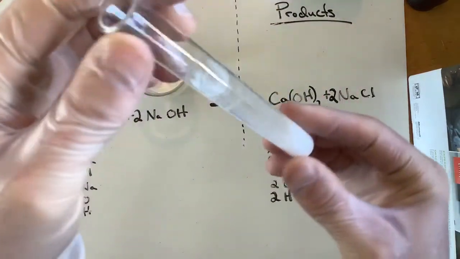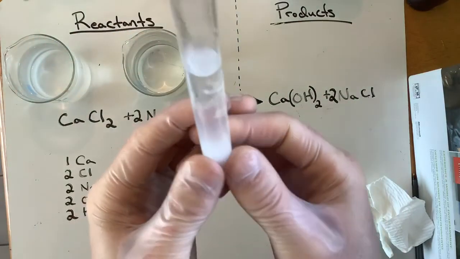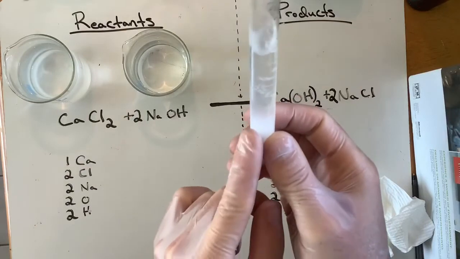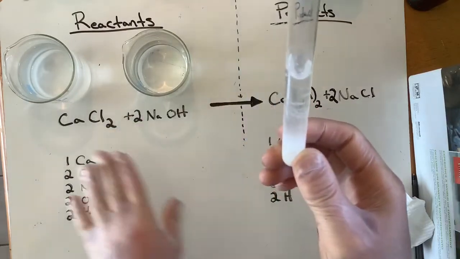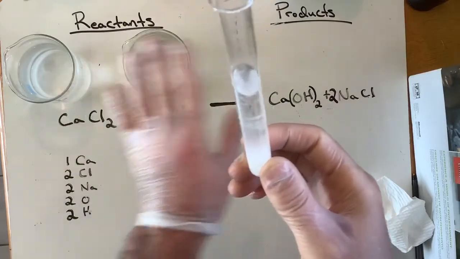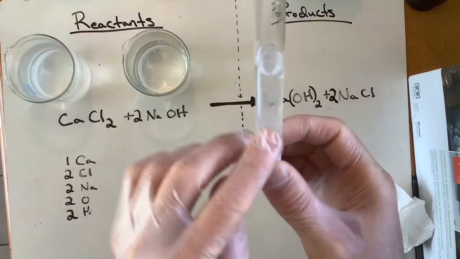So if we go back and take a look at that test tube that we just did our reaction in, we started with those two solutions and we made something new. So there's still water in here. I didn't include that in this reaction because we weren't breaking apart any water molecules in the process. So we've got some water here.